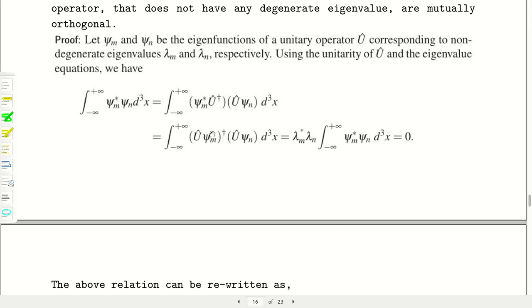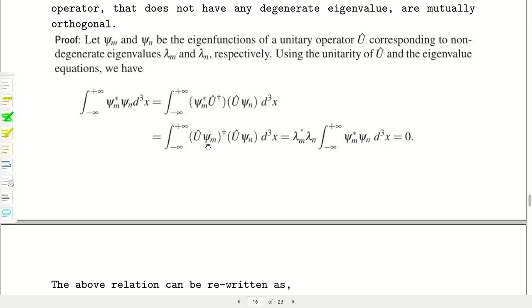In the previous step, psi m dagger means psi m star, because psi m is a scalar, multiplied by u dagger. So this line is correct, and now put the eigenvalue formula here.